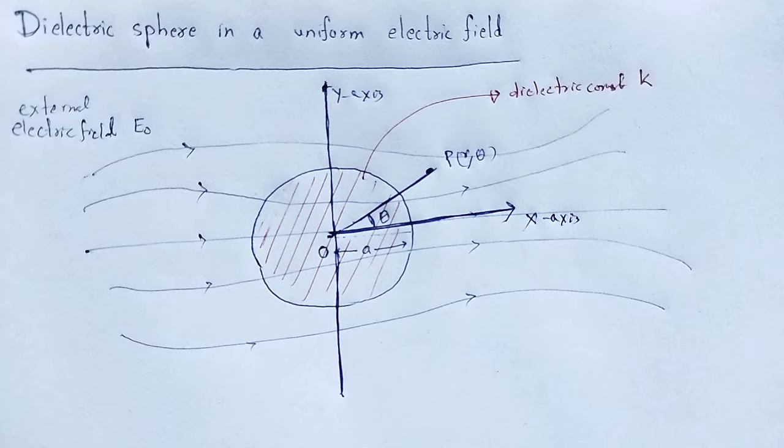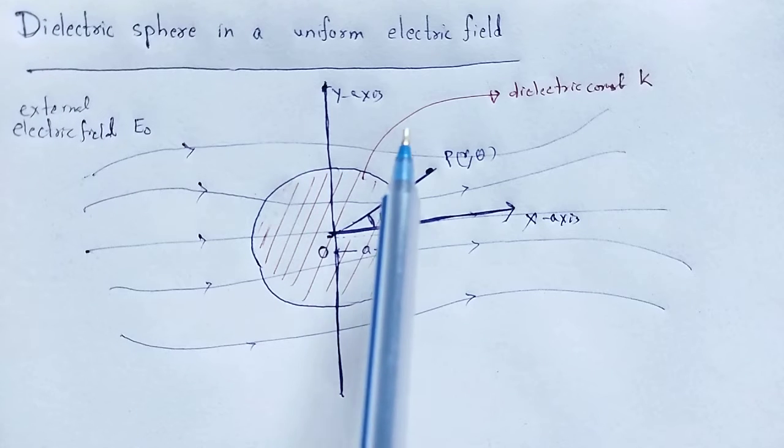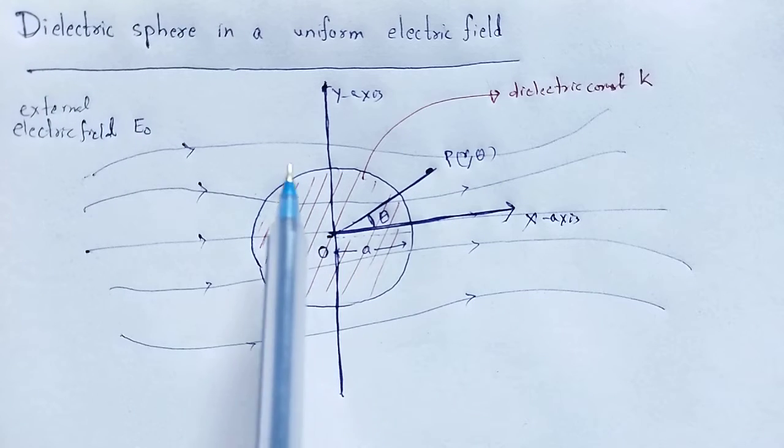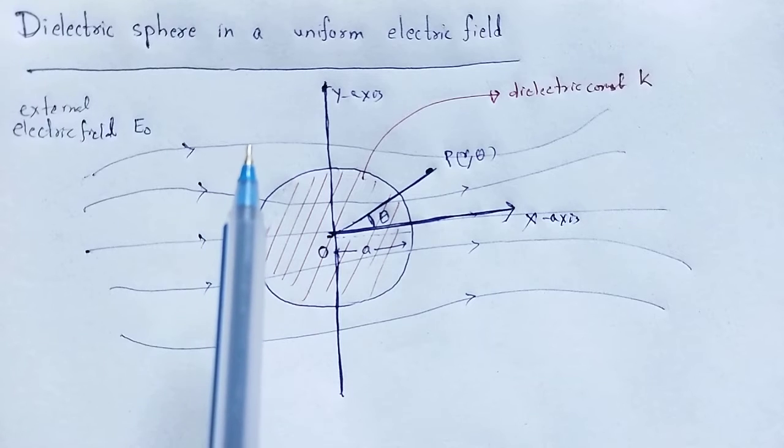As a result of the presence of the dielectric sphere, the electric field in its neighborhood will be distorted due to the polarization of charges.